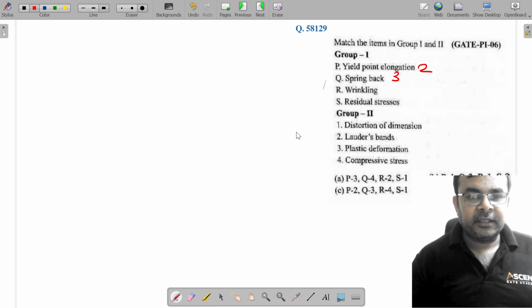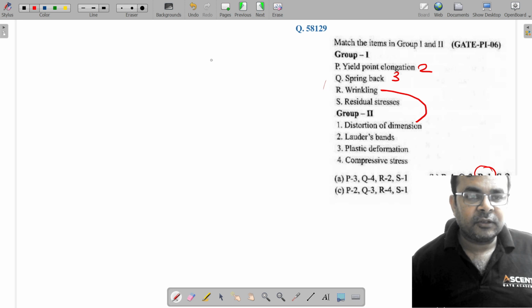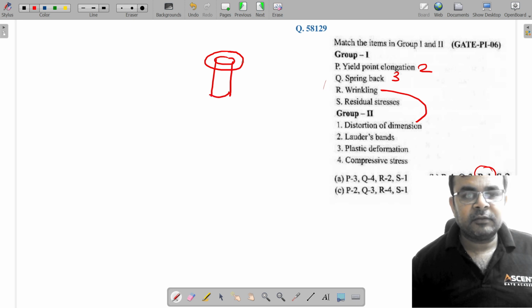Correct? Because wrinkling is nothing but non-uniform deformation. Distortion of the dimension can be the same, that is R1. Correct? What do you mean by wrinkling? Actually, you can see when you make a cup like this, this is a cup in which we have a flange.